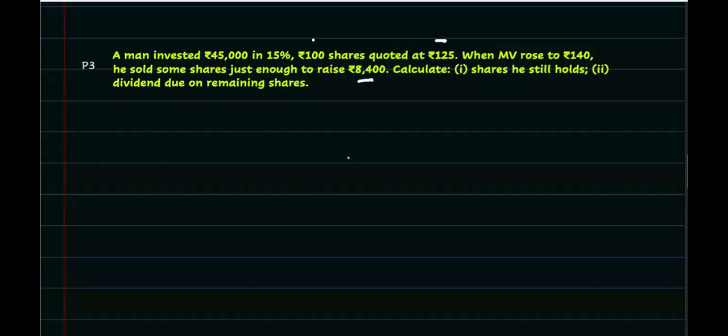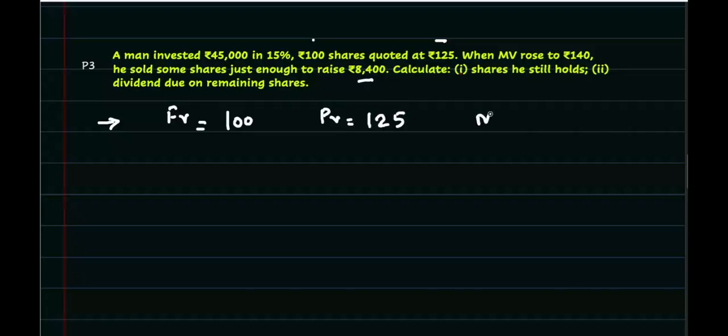So calculate the shares he still holds. Very simple problem. Don't get confused with the wordings here. You know very well what is the face value. At what price he purchased? His cost price, or the purchased price, is 125.